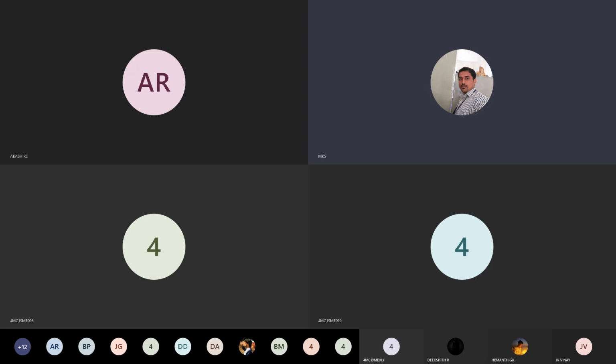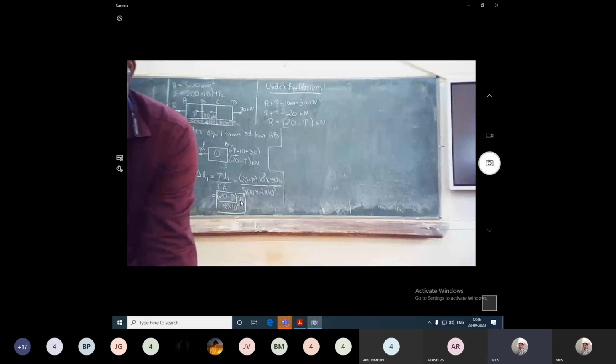Okay. So now you just find out delta L1, that is the deformation at this first section. So just keep that as unknown, just as it is in fraction, as 20 minus P into 10 to the power of 3 divided by 2 into 10 to the power of 5. Just keep it. Next, you get the equilibrium diagram for BC.